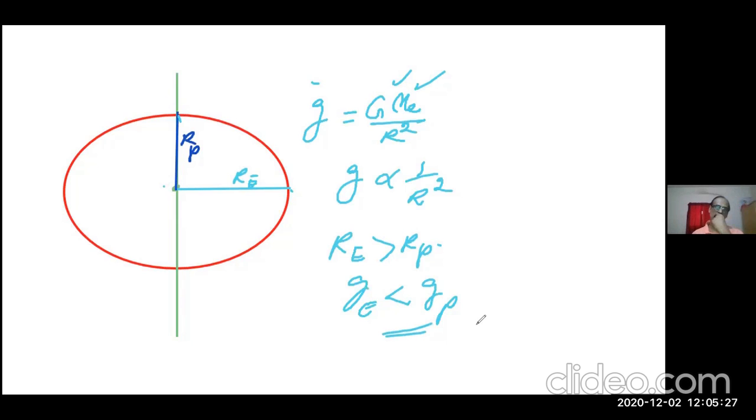That means when we travel from the equator to the polar region, the value of g slightly increases, a very small change. Equator to polar region, g increases.